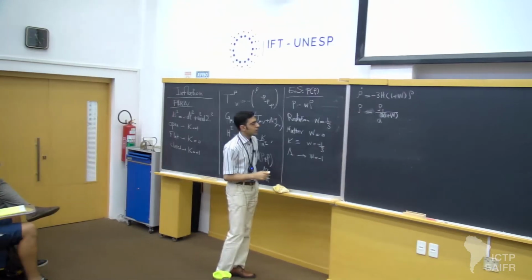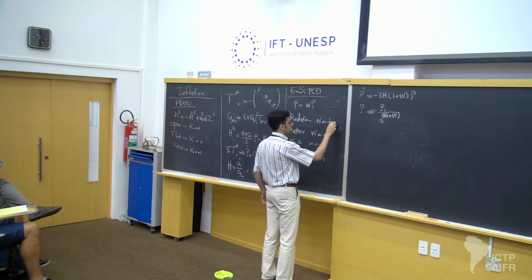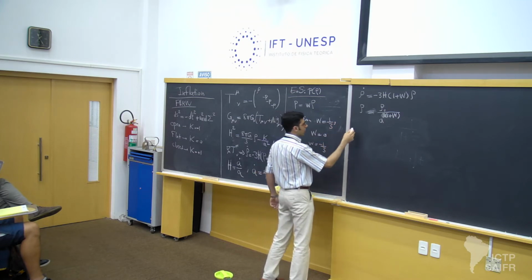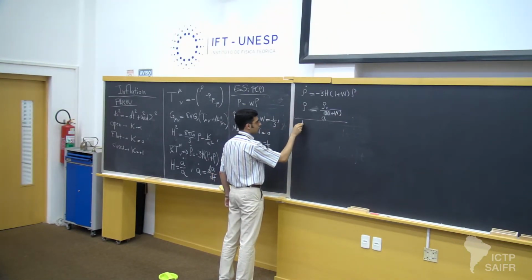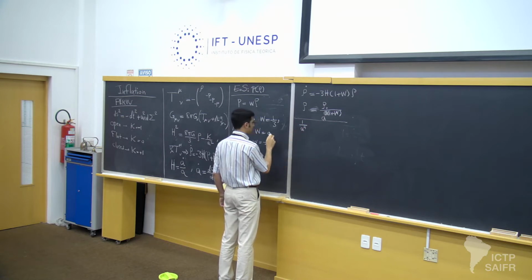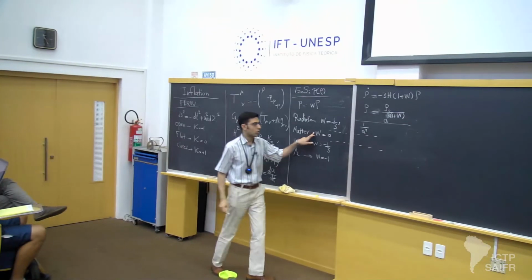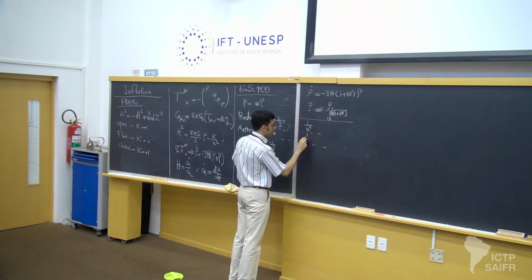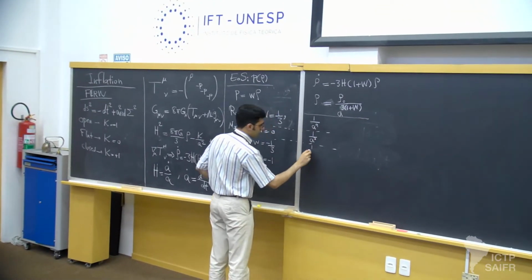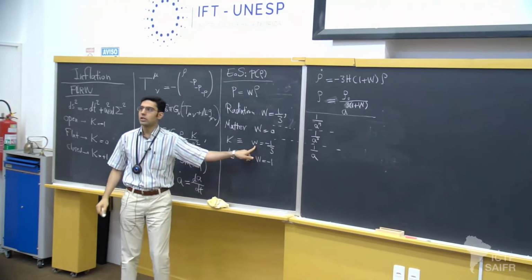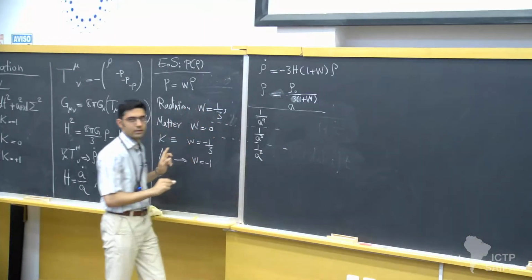So in particular, if we consider radiation, rho goes as 1 over a to the 4th. If we consider matter, then rho goes as 1 over a cubed. Here, I exactly chose W equals minus a third, so that I get rho going as 1 over a squared.